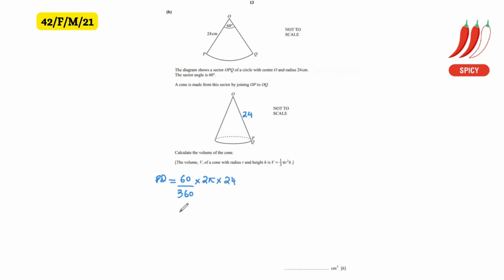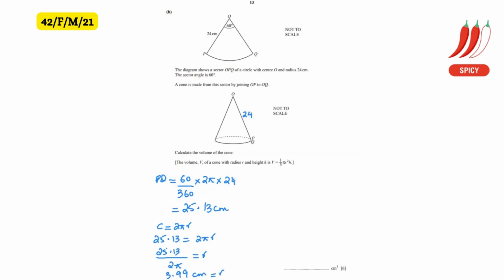R is 24. So PQ equals 25.13 centimeters. As I said, the arc length is equal to the circumference of the base of the cone. So circumference is 2 pi r. So 25.13 equals 2 pi r. 25.13 divided by 2 pi equals the radius, which is 3.99 centimeters.